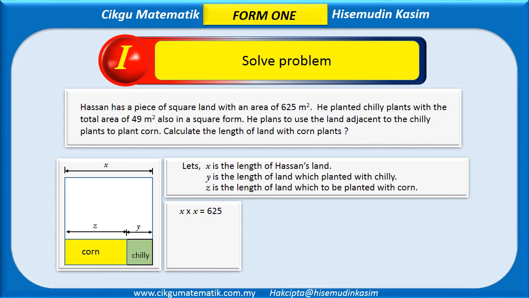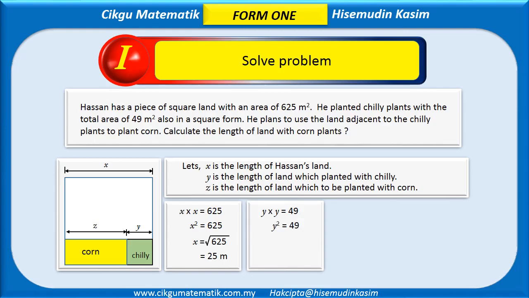X times X equal to 625. X squared equal to 625. X equal to the square root of 625 equal to 25 meters. Y times Y equal to 49.